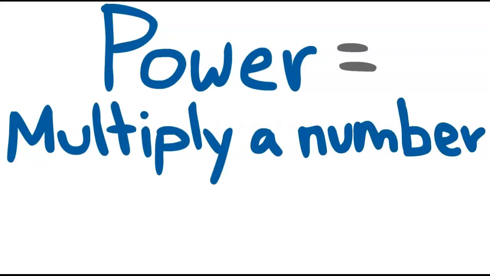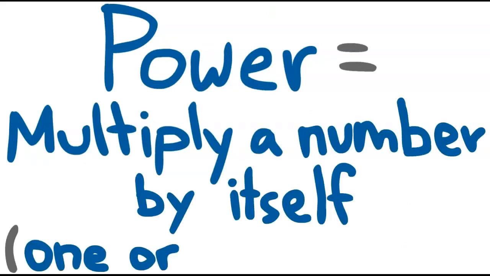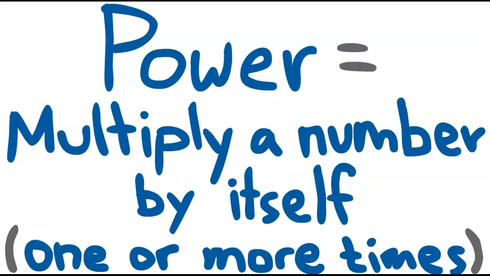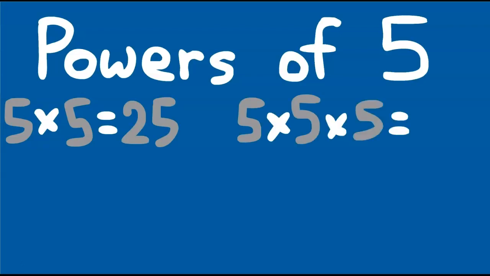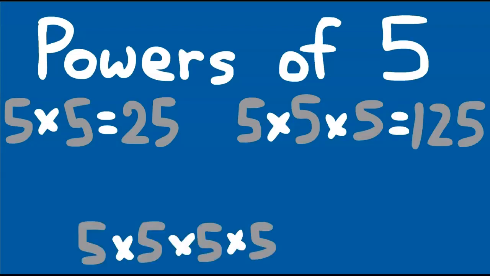A power's what you get when you multiply a number by itself one or more times. To give you one example, let's look at powers of the number 5. 5 times 5 is 25. 5 times 5 times 5 is 125. 5 times 5 times 5 times 5 is 625.